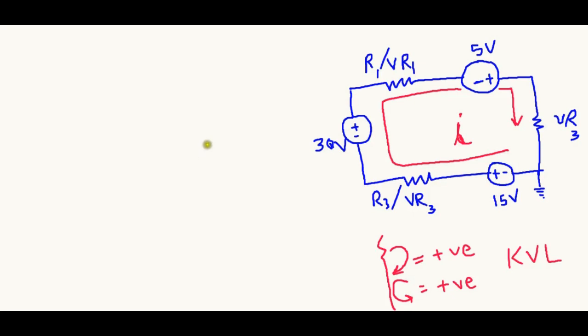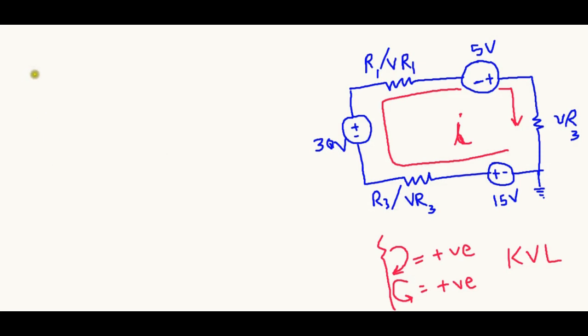Now the first thing that I need to see is whether the current enters the negative terminal of the battery or the independent voltage source, or the positive terminal. If the current enters through the negative and leaves through the positive terminal of the independent voltage source, I'm going to assume its value as negative.